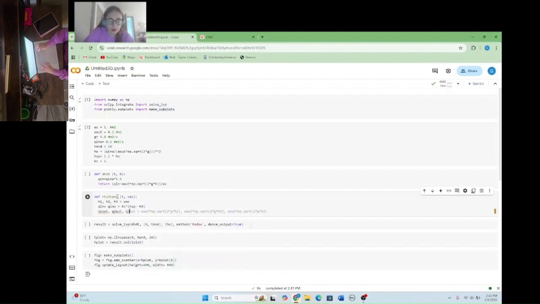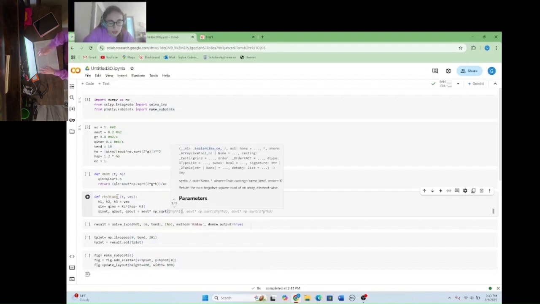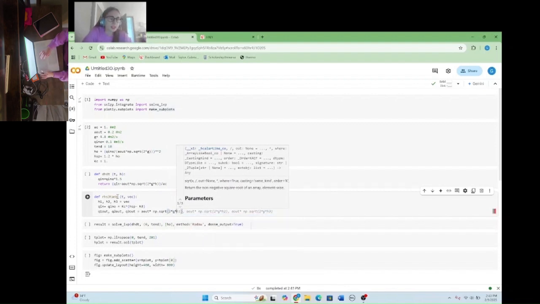When we do our equation, it could be easier for us. So it's going to be A out times np.sqrt of 2 times g times, and since this is Q out 1, we're going to have height 1.